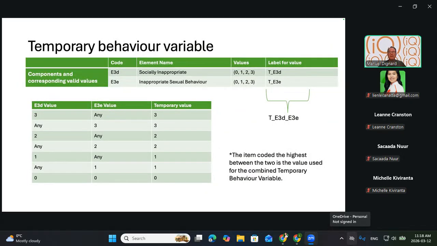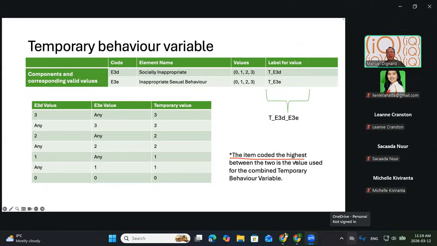All right, behavior variables. Okay, so what they did here, we're looking at section A, those behaviors. And when we're looking at socially appropriate and inappropriate sexual behavior, if we follow the trend here, the higher of the 2 is what you're going to end up with as a temporary value.